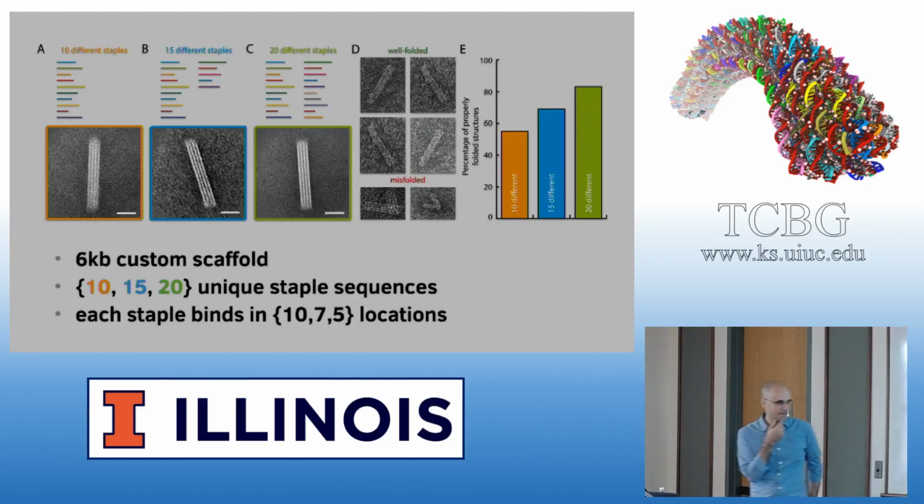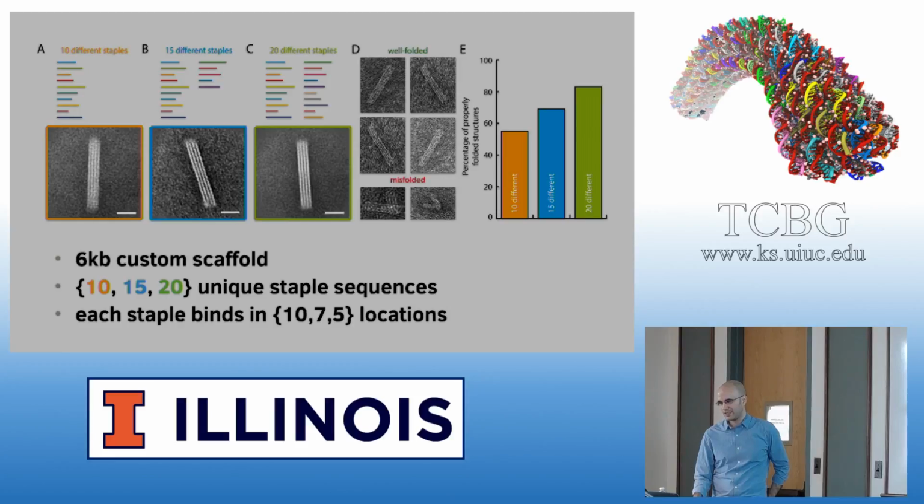And so we were able to build about 6 kilobase long custom scaffolds, and then we folded them from 10, 15, and 20 unique staple sequences. We actually see it does compromise the quality a bit if you keep going to fewer and fewer staples, based on the design rules that we came up with at the time.